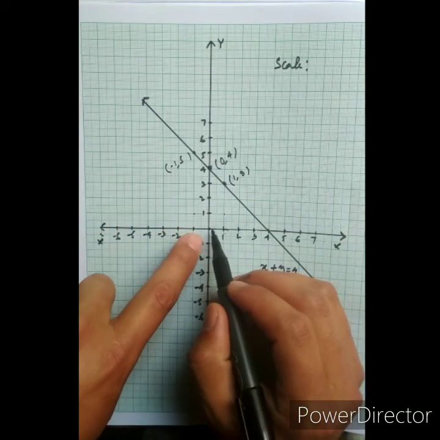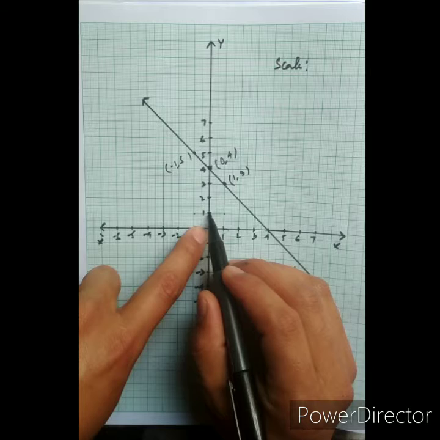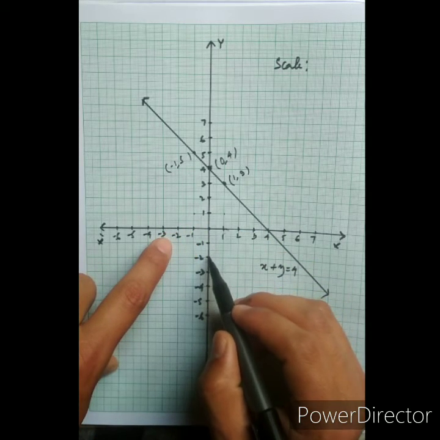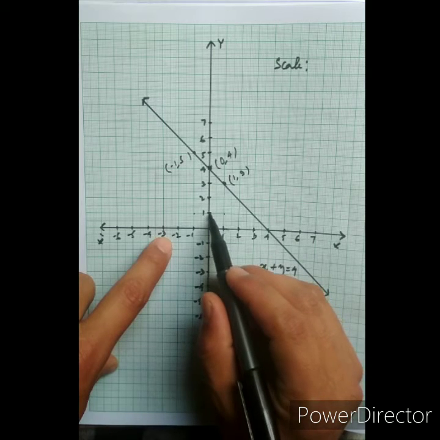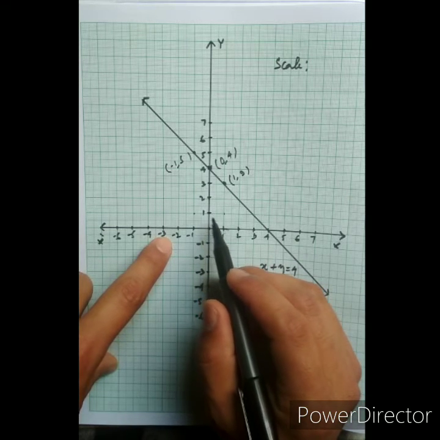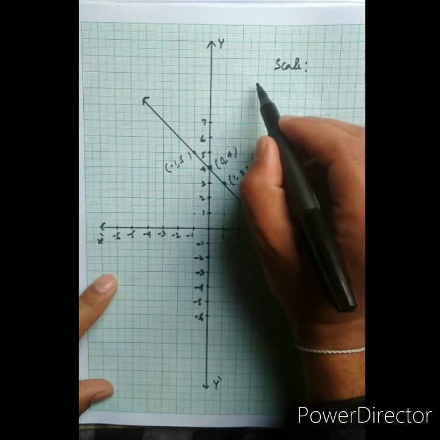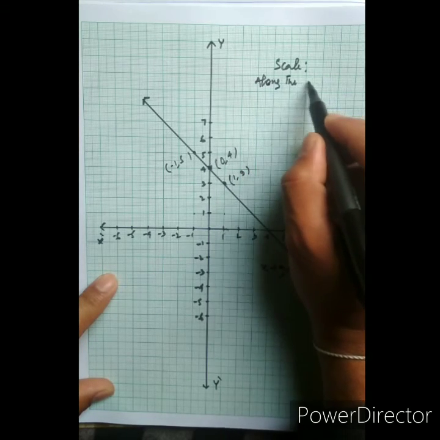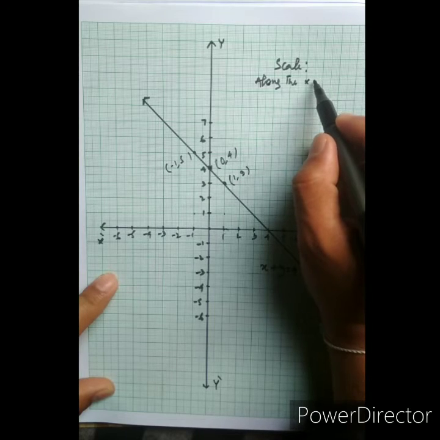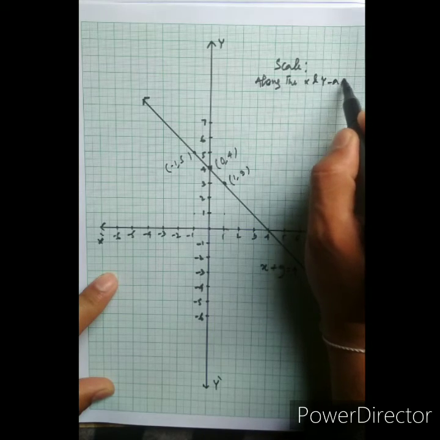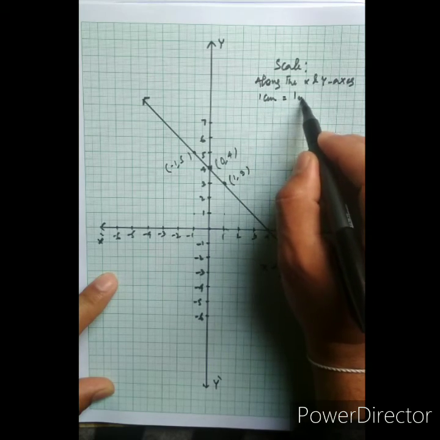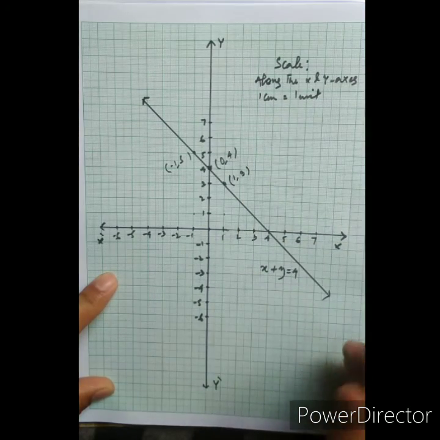Along the y-axis as well, from here to here 1 centimeter, 1 centimeter, and so on. Even this 1 centimeter I have taken as 1 unit. So I will write here: along the x and y axis, 1 centimeter is 1 unit.